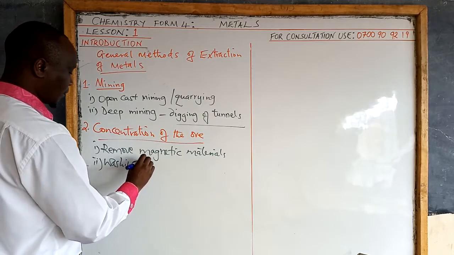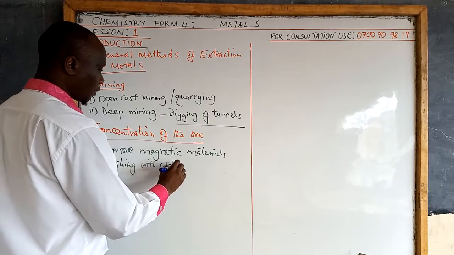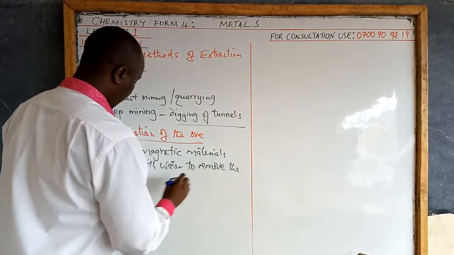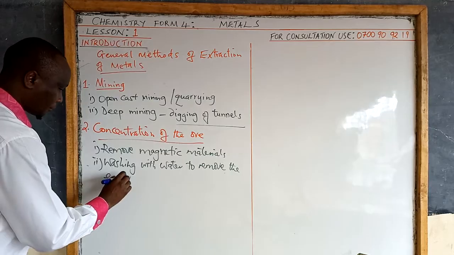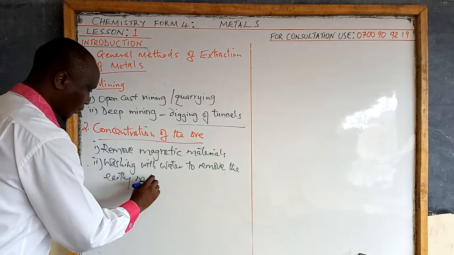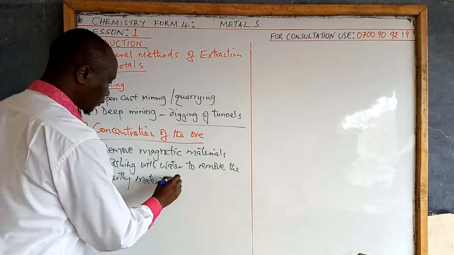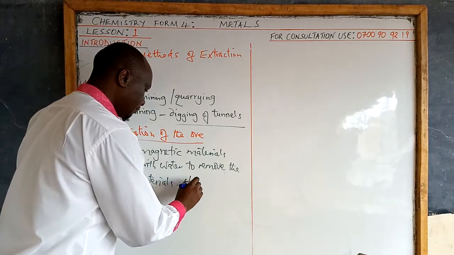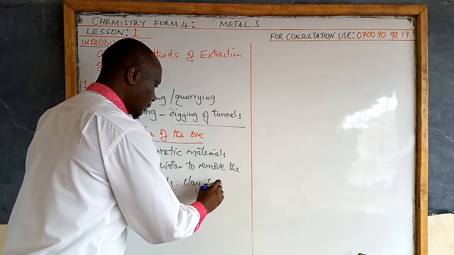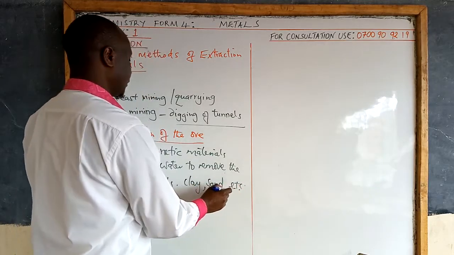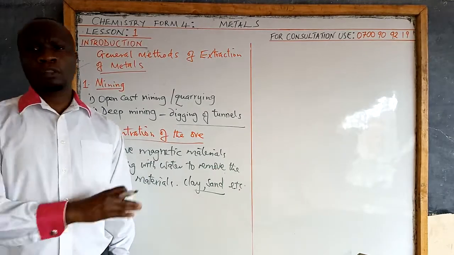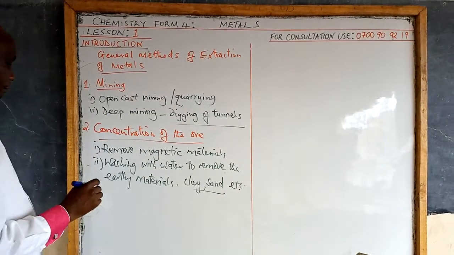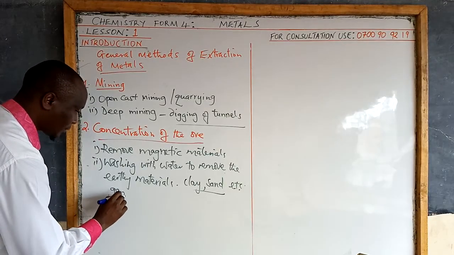The earthy materials, I've said, are for example clay, sand, etc. In some texts it is called gangue.